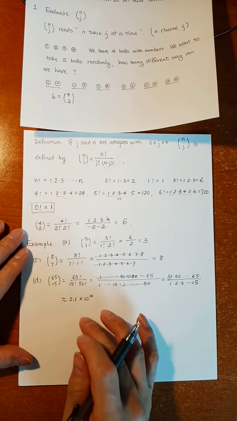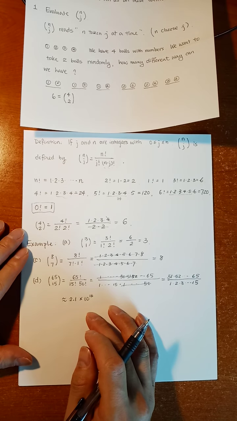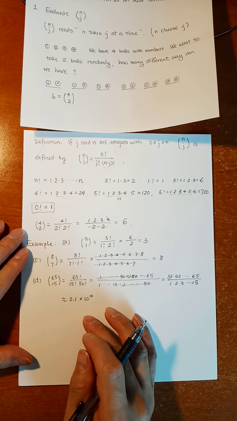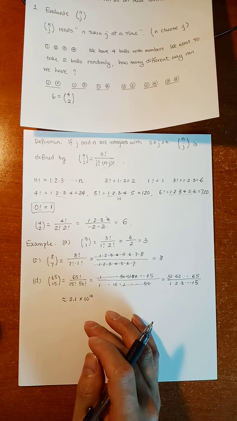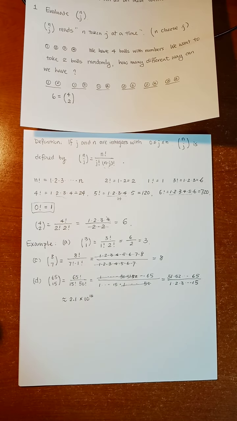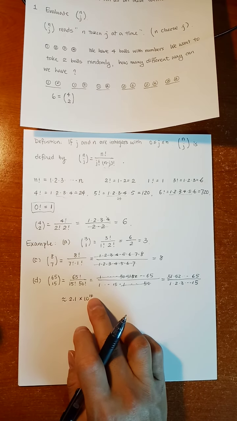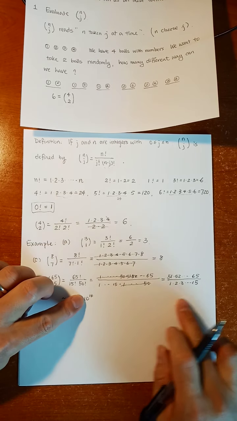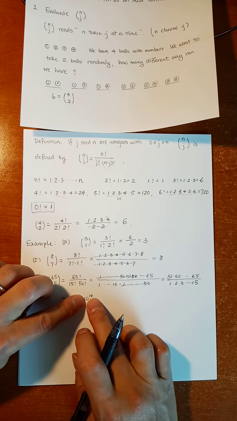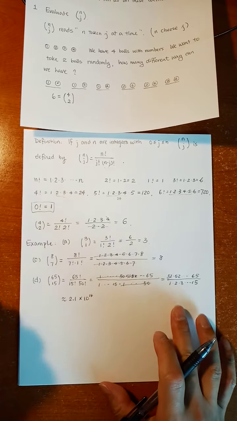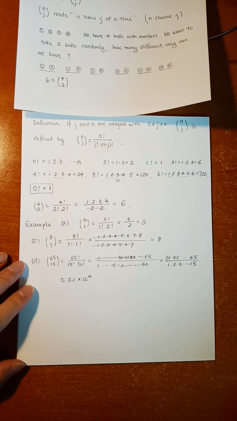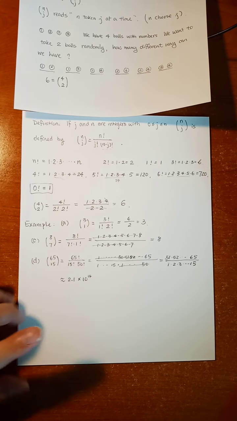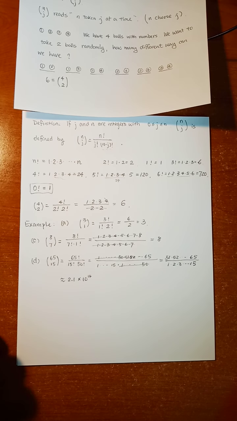It's big. 10 to 6 is a million. 10 to 9 is a billion. 10 to 14 means there are 14 zeros. It's a huge number. So this number is very large. This can only be done by calculator. You will not do it by hand.